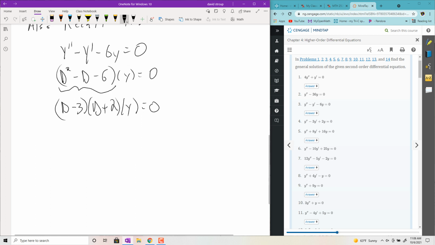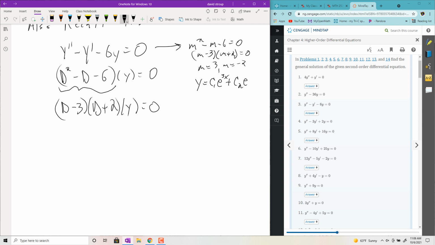If you remember doing your characteristic equation, m equals 3 and m equals negative 2, so y will be c1 e to the 3x plus c2 e to the negative 2x. This stuff annihilates those exponential expressions. In fact, this part right here will annihilate one part, and the other part will annihilate the e to the 3x.